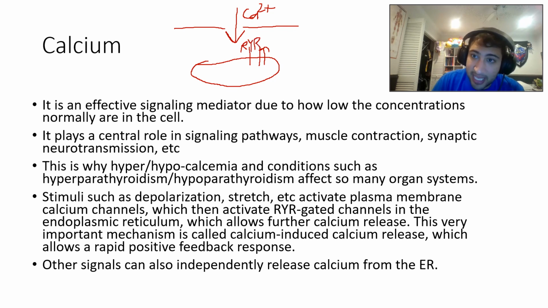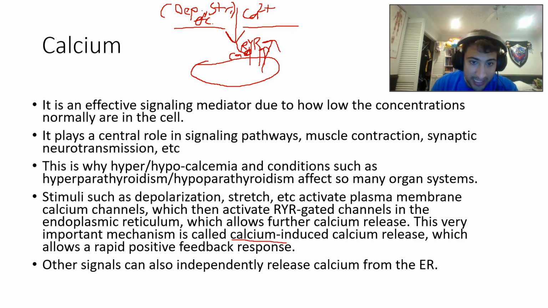The calcium that came in from that earlier signal, whether it was depolarization, stretch, whatever the signal was, is going to bind to the ryanodine receptor, and that's going to cause calcium to be released from the endoplasmic reticulum. And that is called calcium-induced calcium release.